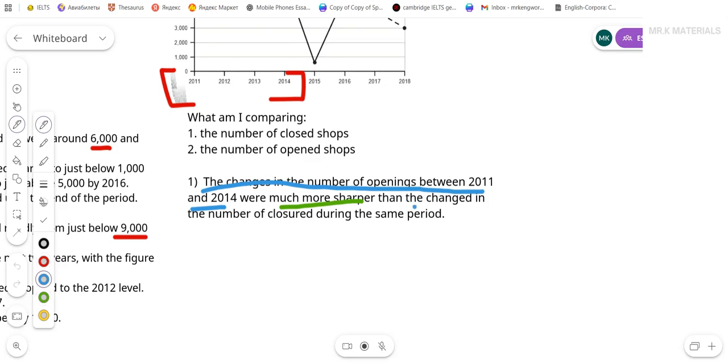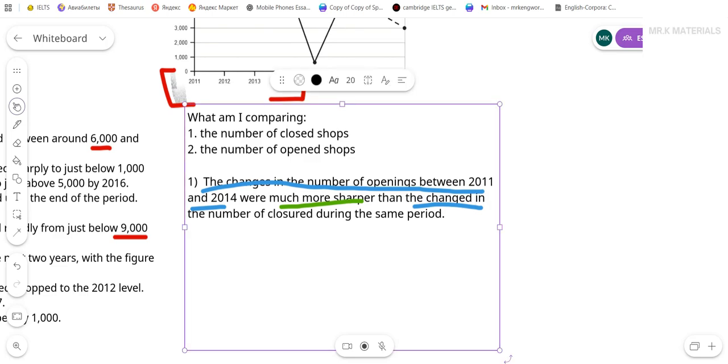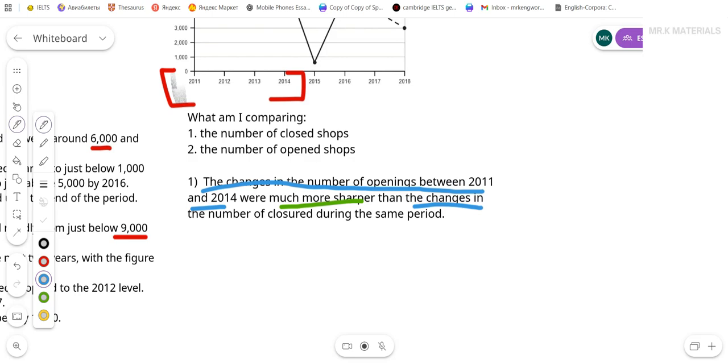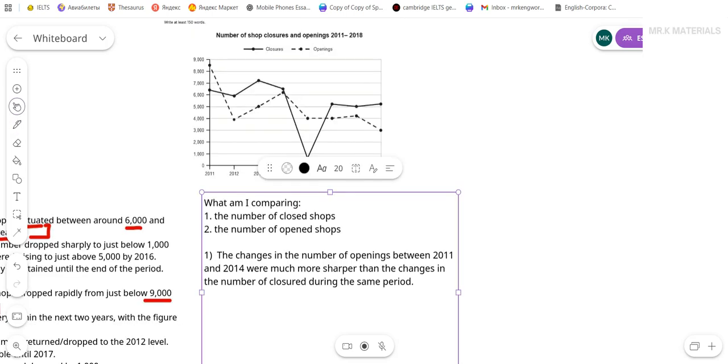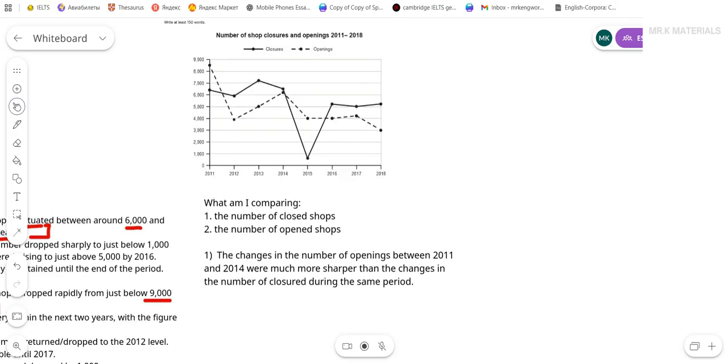The changes in the number of closures. And I added "during the same period". I'm done with the period until 2014.